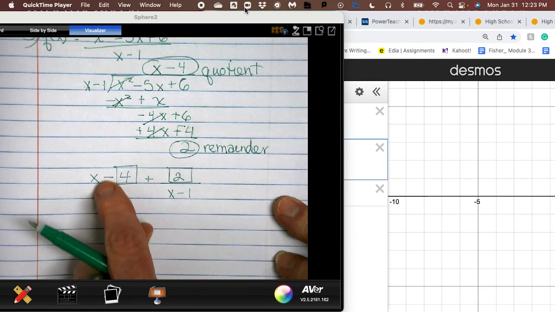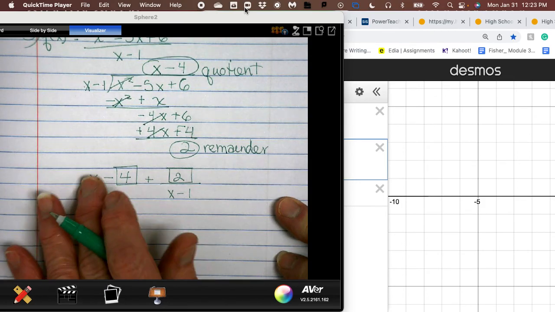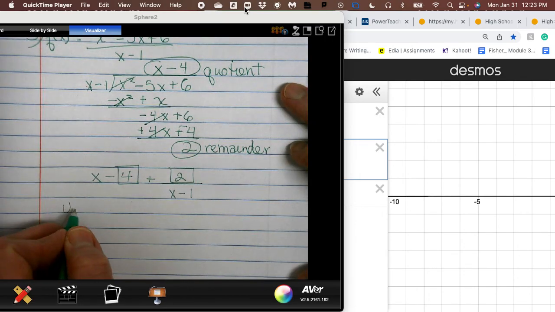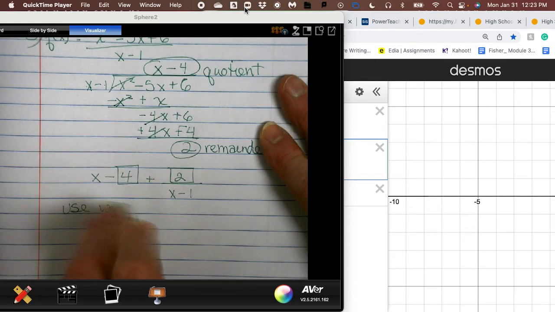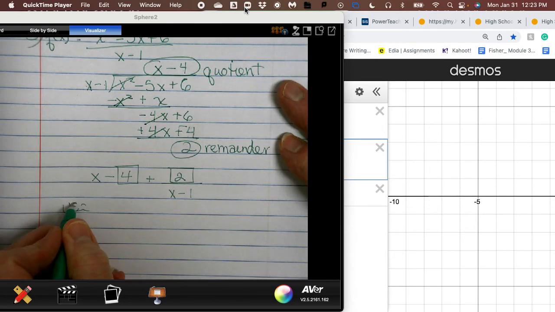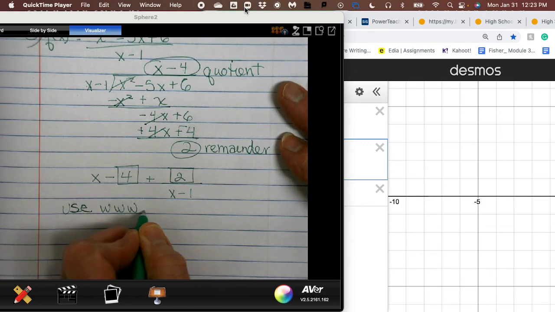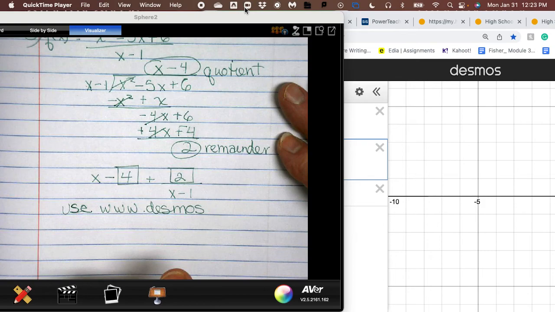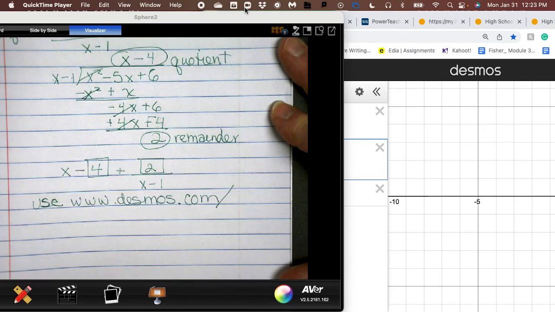Now, because this value is unknown yet, we cannot use ordinary means to find the range. So we have to use Desmos.com, slash calculator. If you go there, please, and engage with me, you will feel the creation of the solution.